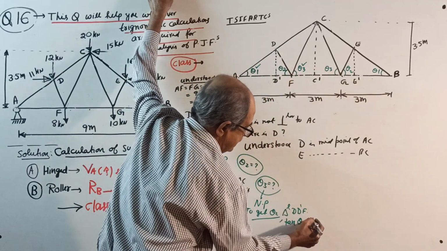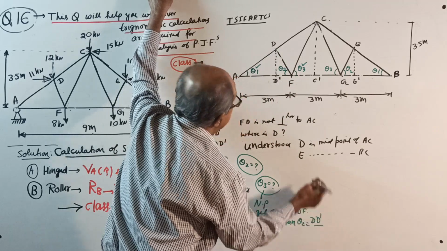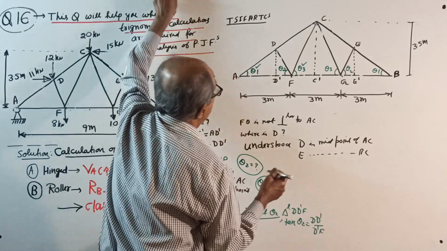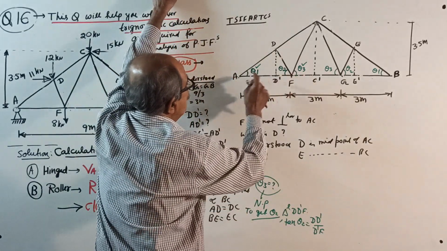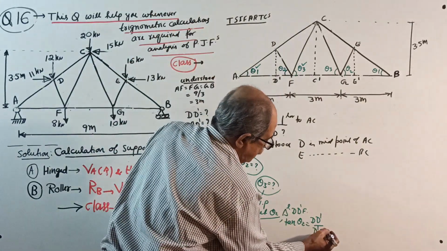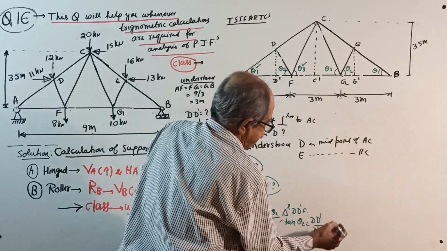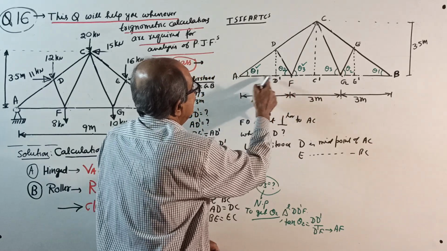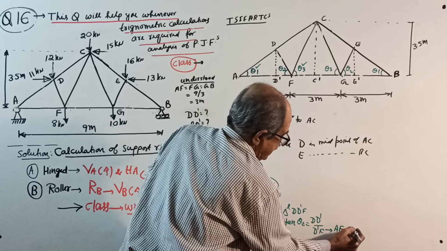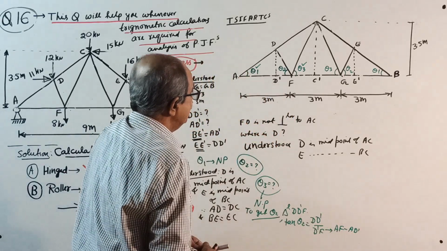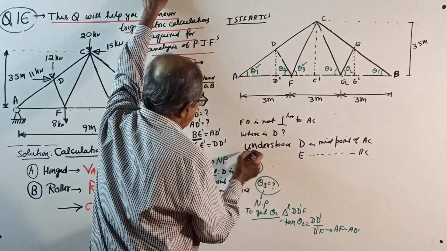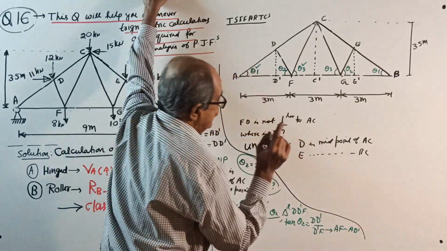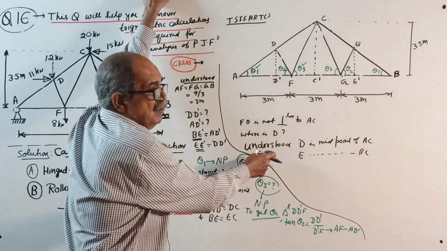DD dash divided by D dash F. And D dash F equal to how much? Whatever is AF minus AD dash. Therefore, you write here now. Okay, this I am removing now.